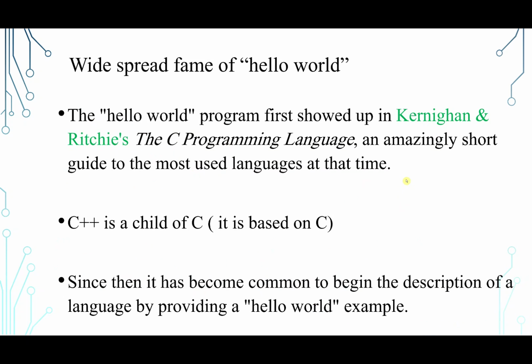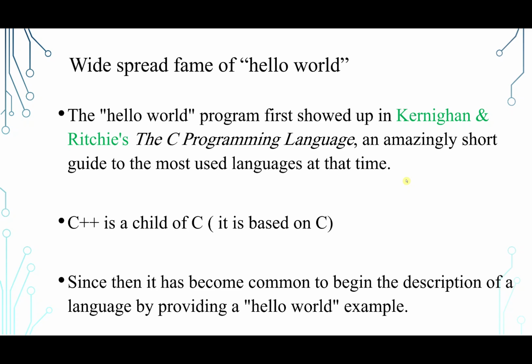So, the widespread fame of Hello World. The Hello World program first showed up in Kernighan and Ritchie's The C Programming Language, an amazingly short guide to the most used languages at that time.